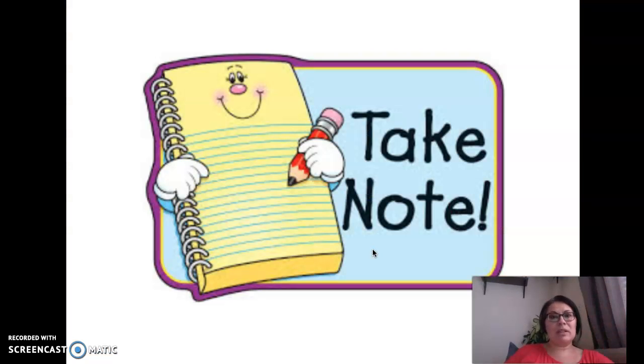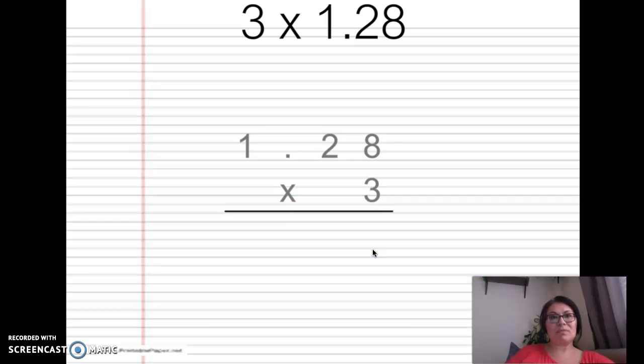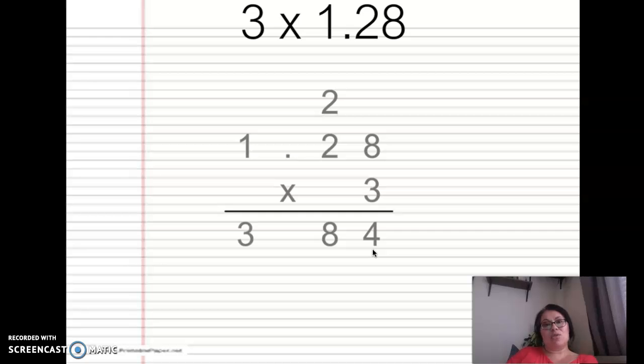Now, pay close attention. We're going to do another problem, and then you're going to start doing some of them on your own. We have 3 times 1 28/100ths. So we set it up. We lined it up completely to the right. 3 times 8 is 24. Put down the 4 and carry the 2. 3 times 2 is 6. Plus 2 is 8, and 3 times 1 is 3.